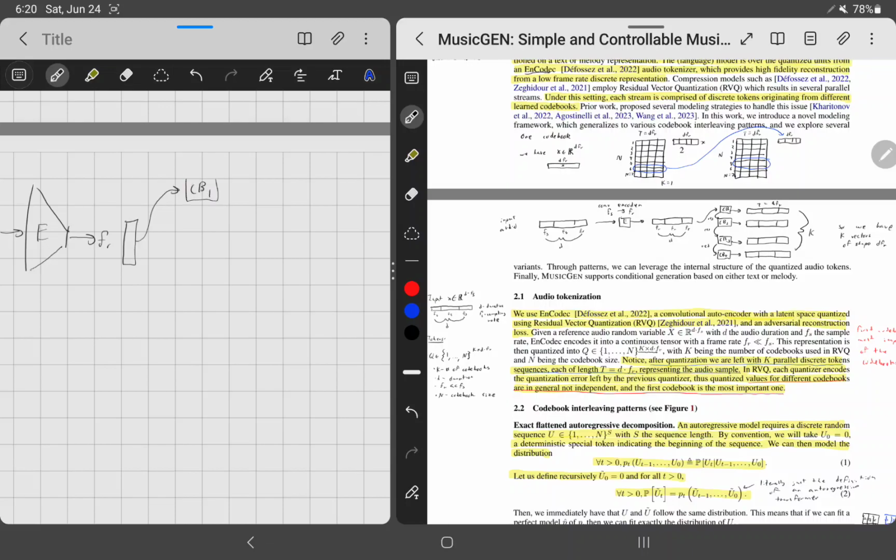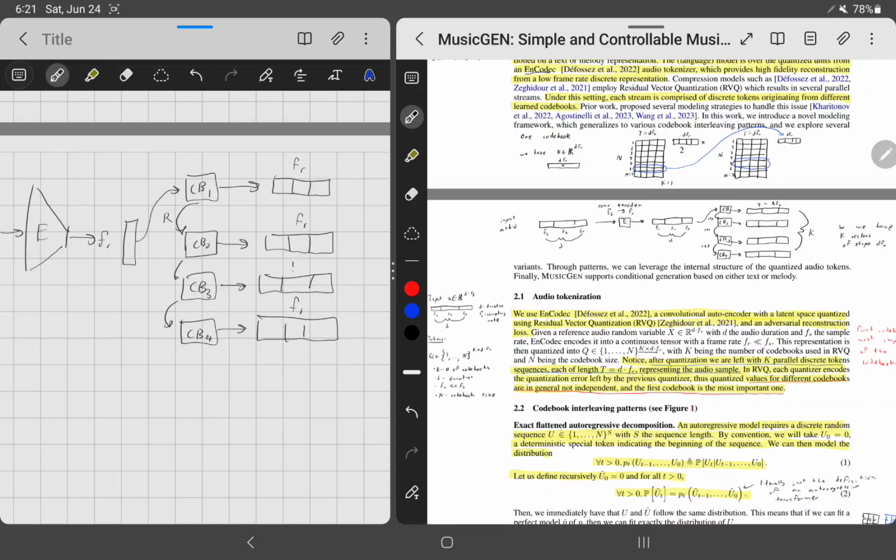So codebook 1 will output a vector of shape f sub r, and then you take the residual, throw that through codebook 2, and you get out another vector of f sub r again. Then you do this a third time with codebook 3, and a fourth time using the residual again, and you get out a vector of shape f sub r again.